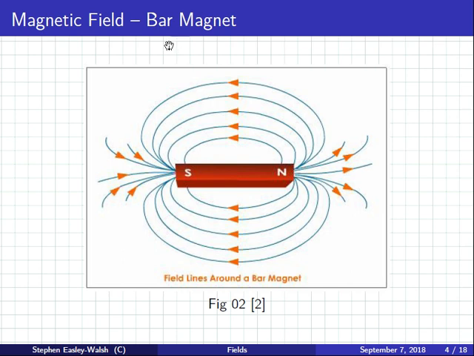And please make sure you write the name on top. The name, bar magnet. Okay. No, don't do that. Just write N and S.